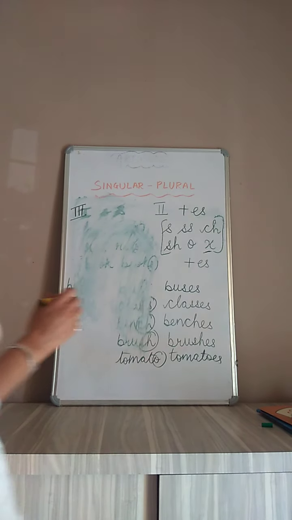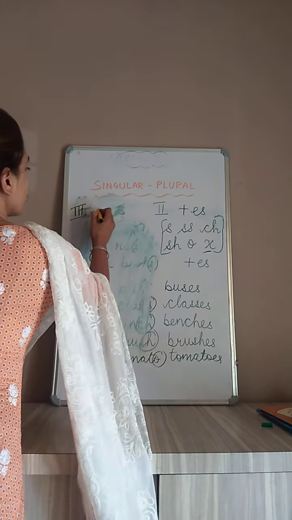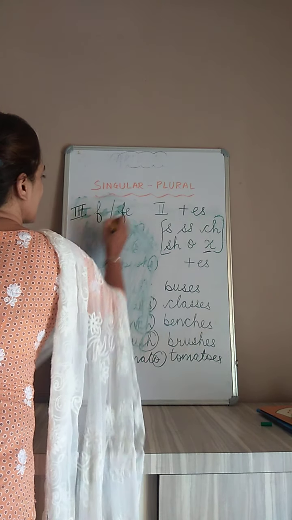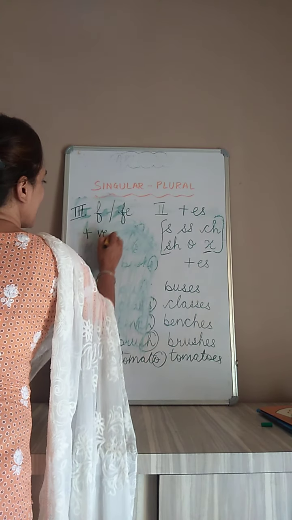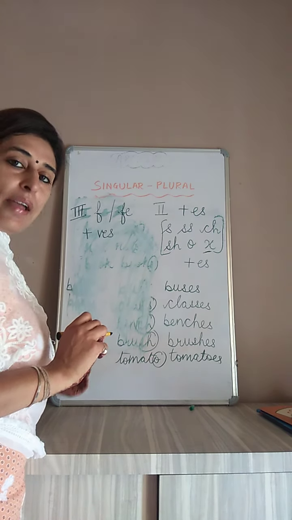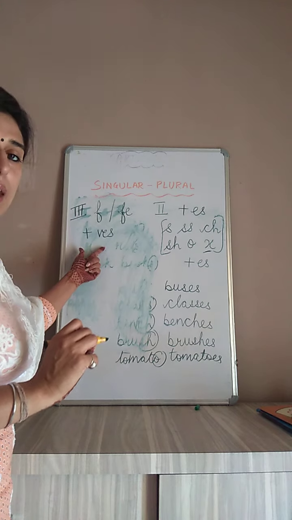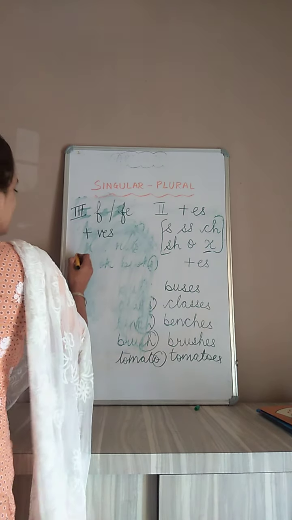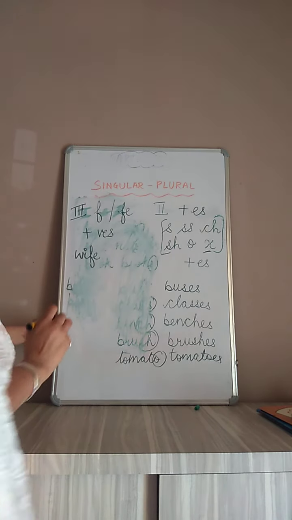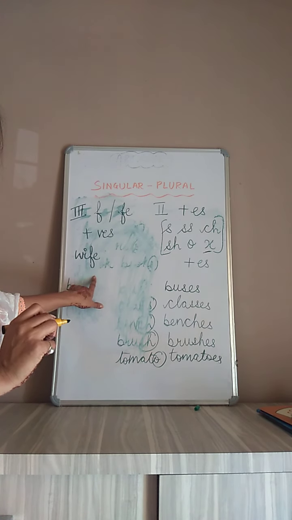Clear? Rule number 3 says to drop f or fe and add ves. For example, wife. Clear? This word ends with fe.